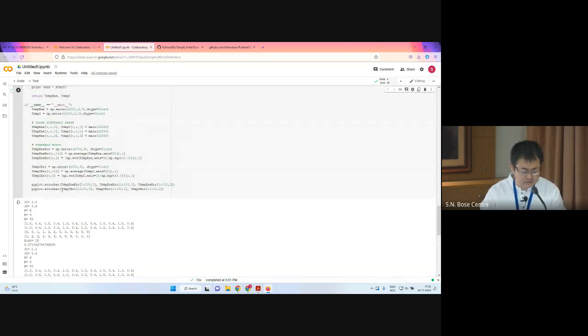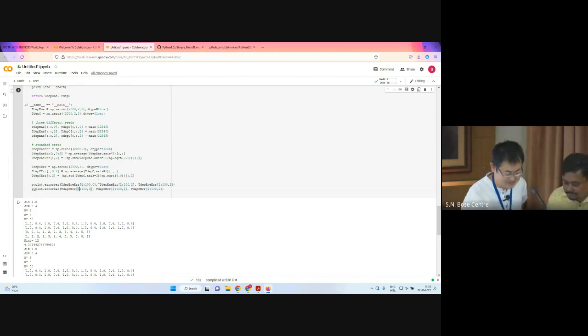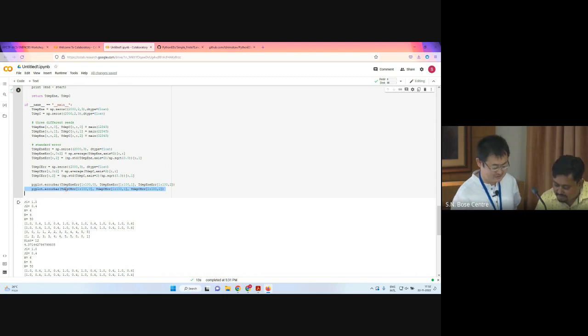So if you'd like to extract, for example, how should I copy? Can you help with using the Windows machine? Yeah, how should I copy this line only? Yeah. That will be okay.